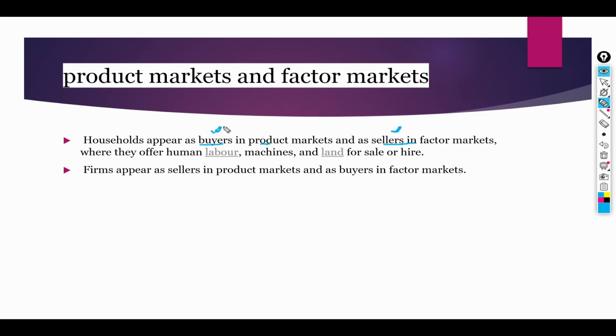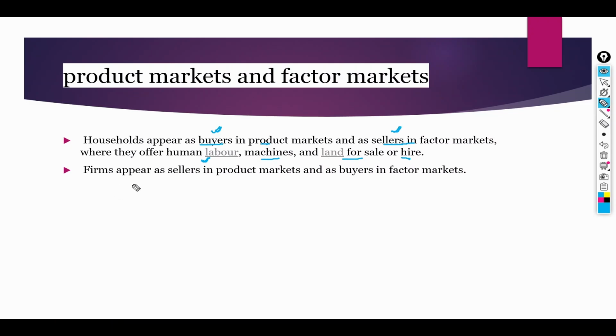He is selling vegetables, but he is buying luxury items like a TV, refrigerator, or AC, whatever he needs. At that time he acts as a buyer, but in the factor market he acts as a seller, where he offers human labor, machines, and land for sale or hire.